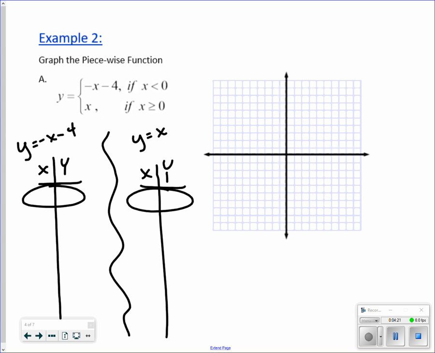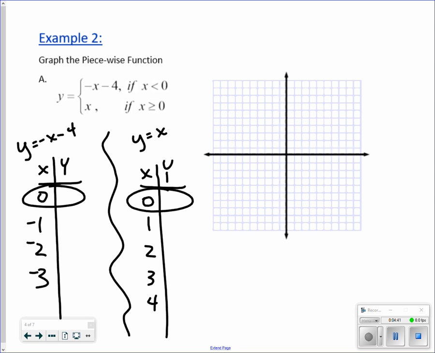So let's talk about the top one: -x minus 4 if x is less than 0, so starting with 0 and going less. The next one starts at 0 and goes greater. So what if I put 0 into the top function?